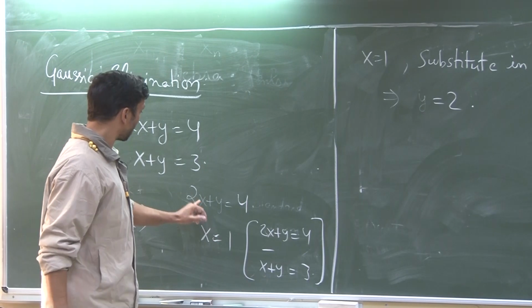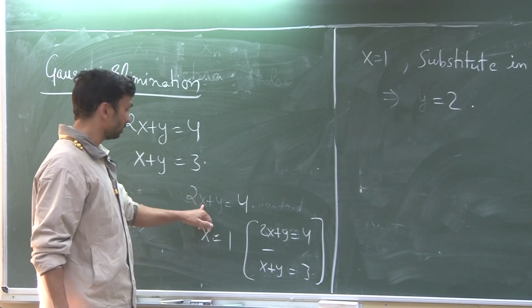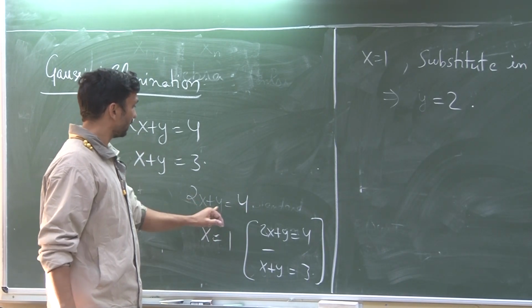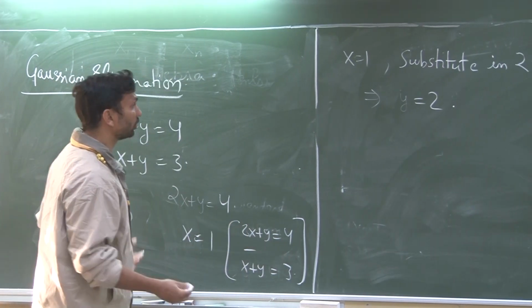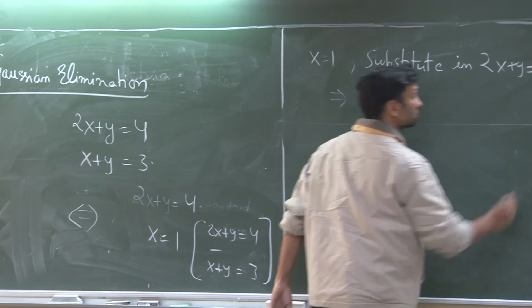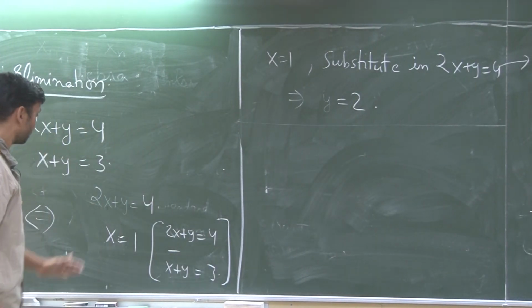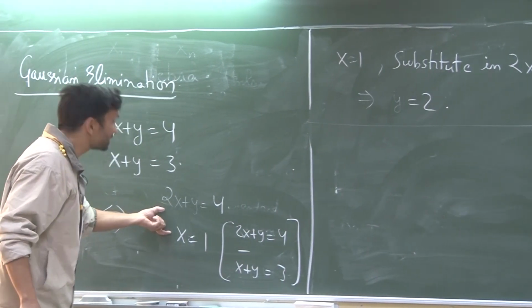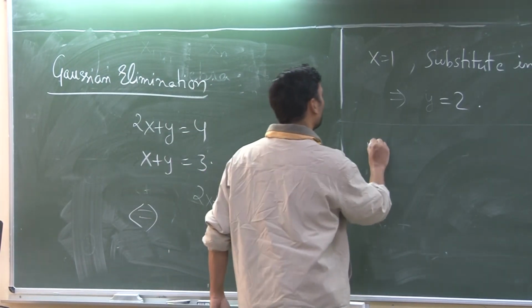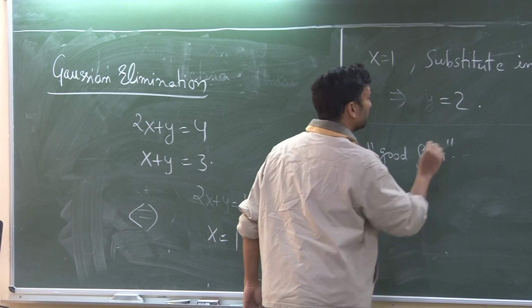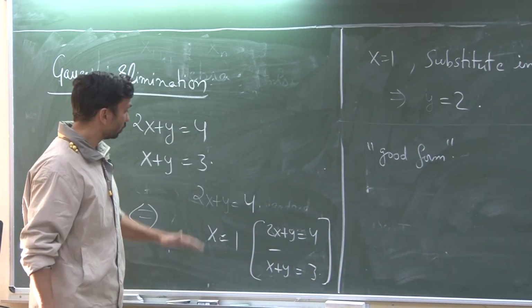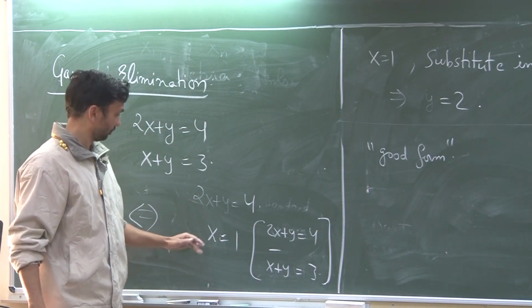If I put x equal to 1 in this equation, I get y equal to 2. Great. So I found x equal to 1 and y equal to 2 as a solution. Now, this is what I will call a good form.